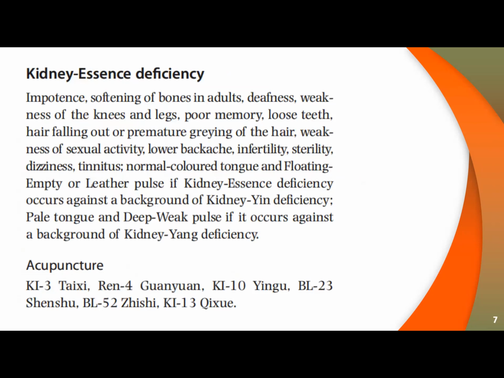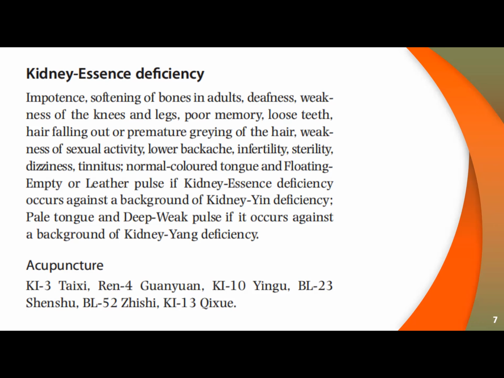Lastly, kidney essence deficiency: impotence, softening of bones in adults, deafness, weakness of the knees and legs, poor memory, loose teeth, hair falling out or premature graying of the hair, weakness of sexual activity, lower backache, infertility, sterility, dizziness, tinnitus, but the tongue is normal, and the pulse is floating empty, or liver pulse if kidney essence deficiency occurs against a background of kidney yin deficiency.